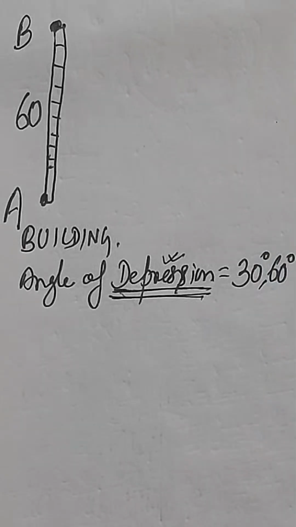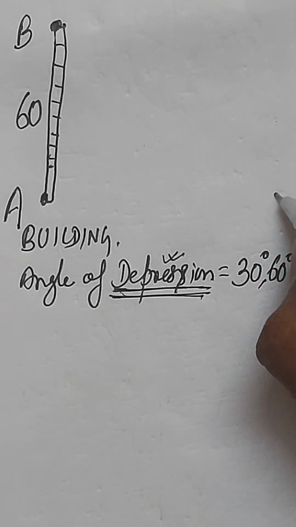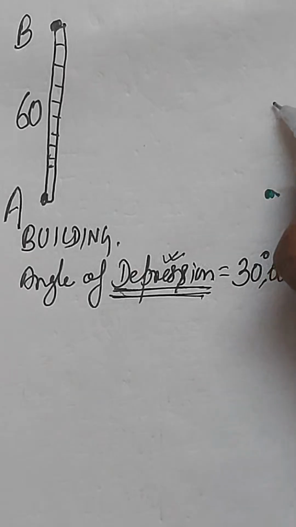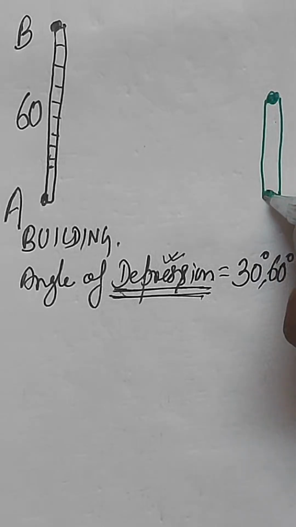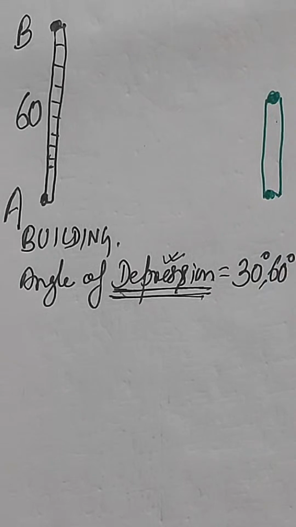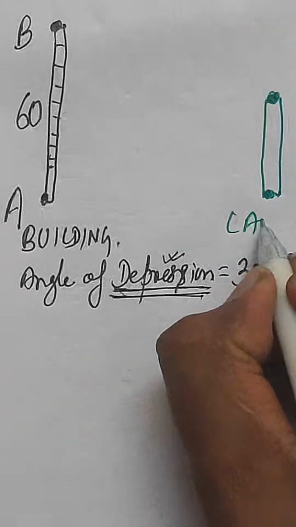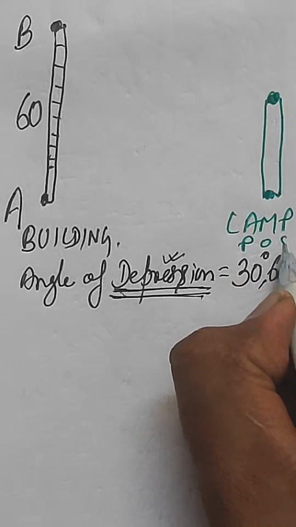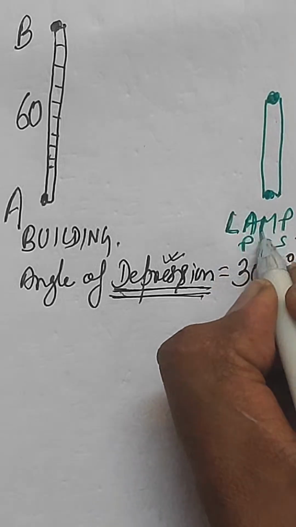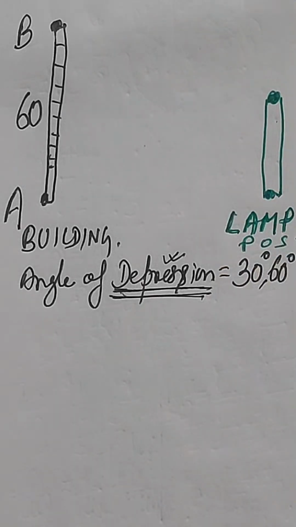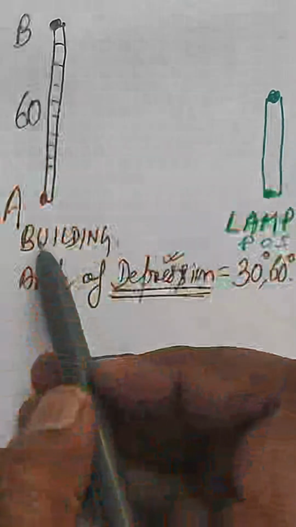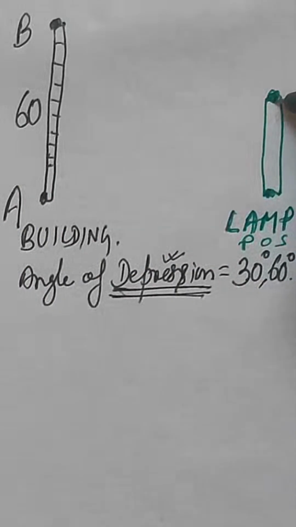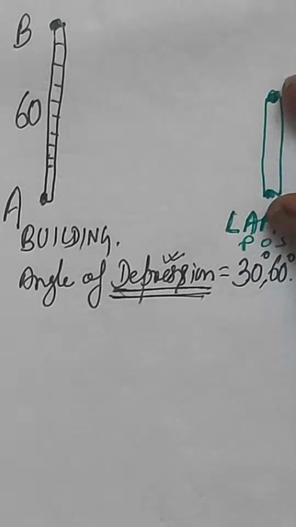So let's say the lamp post is standing somewhere over here, like this, and this is your lamp post. Now the angle of depression of 30 degree and 60 degree from the top of the building, that means the lamp post has two options, the top and the bottom.